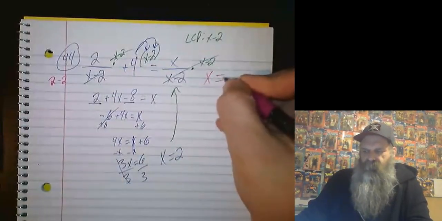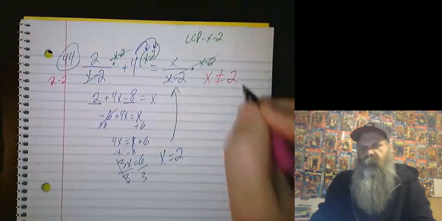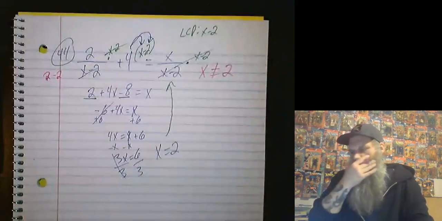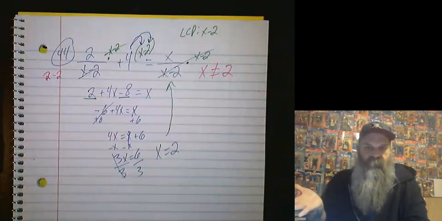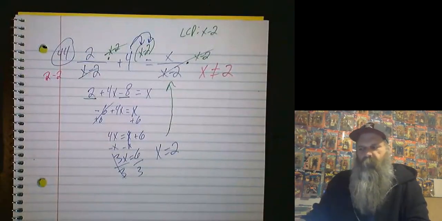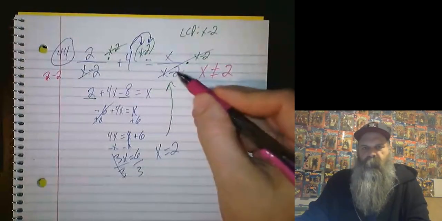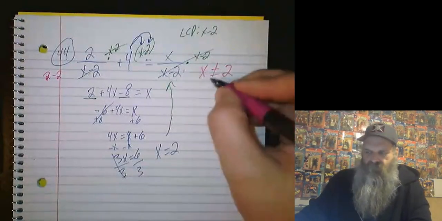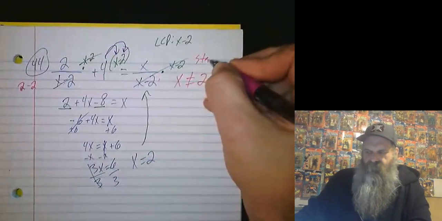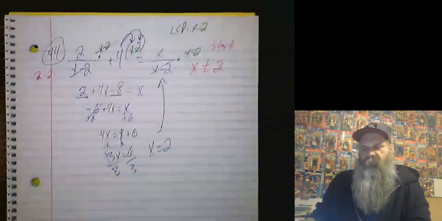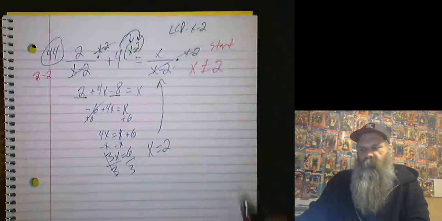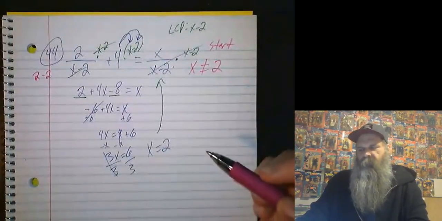So from the beginning, we know that x cannot equal 2, which is how you should start the problem, by identifying what x cannot equal, what would make the denominator 0.